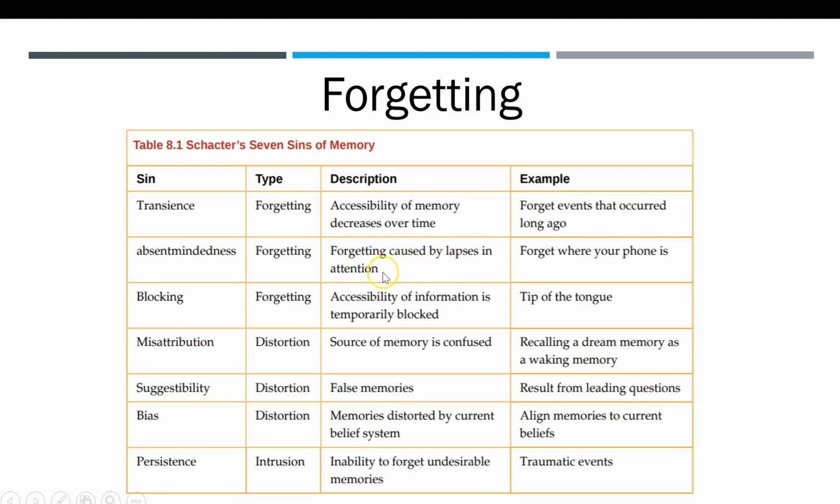So if you're not focused and attending to things, you might forget where your phone is. Another is blocking, where the accessibility of information is temporarily blocked. So if you're thinking of a word that's on the tip of your tongue, but you can't really think of it, this is blocking.